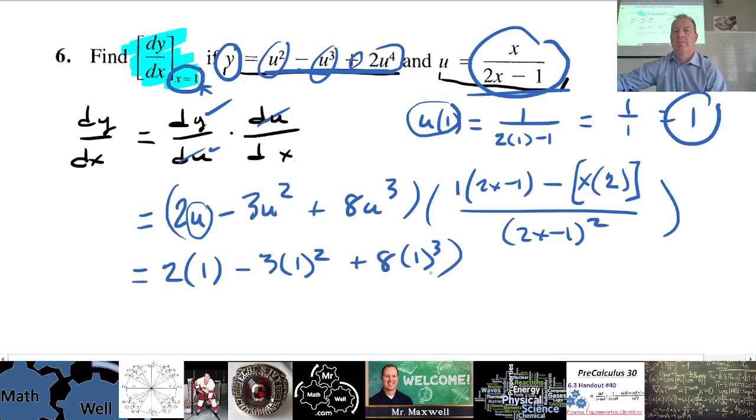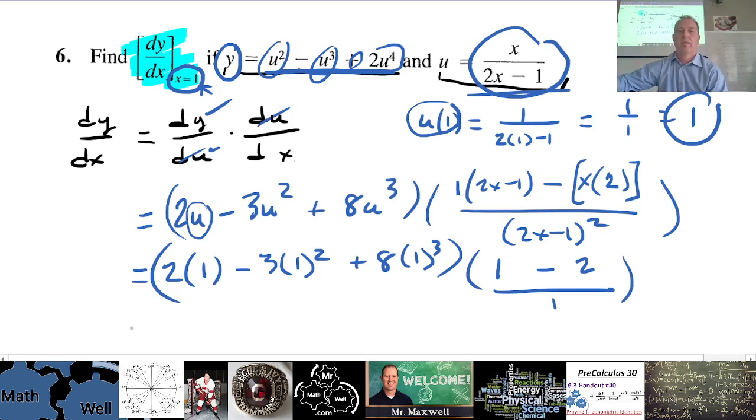Okay, so there's that little bit. And then this little bit over here is going to be 1 times 2 minus 1, so that's 1 times 1 is 1, minus 2 times 1 is minus 2, all over 2 minus 1, which is 1, squared, over 1.